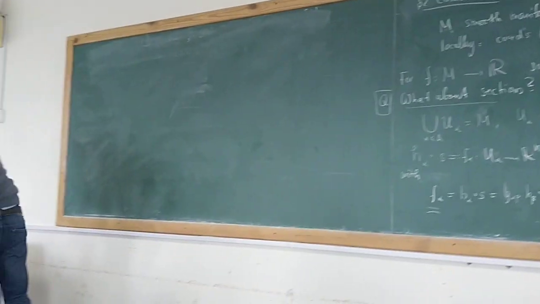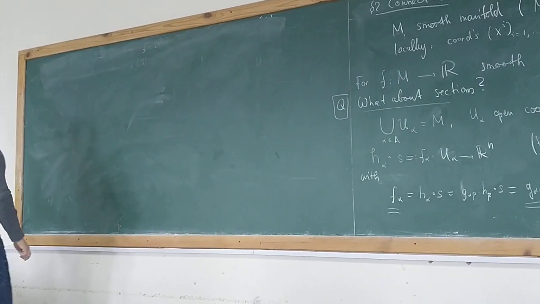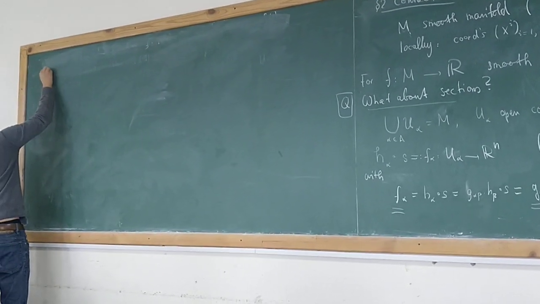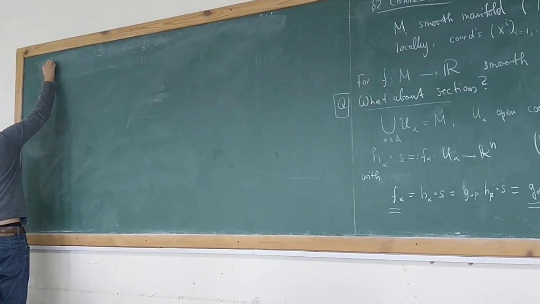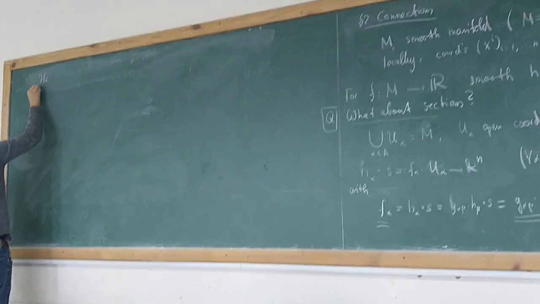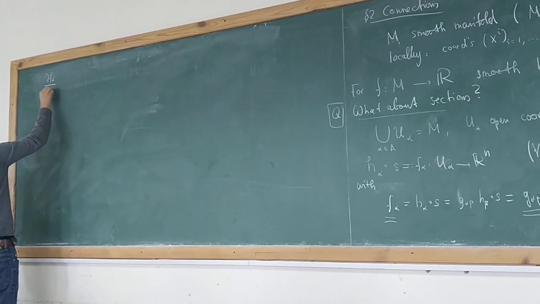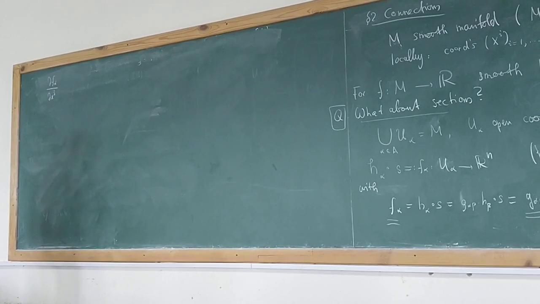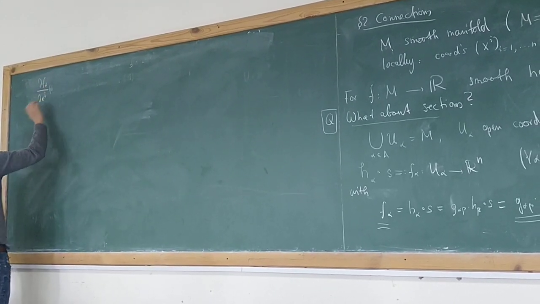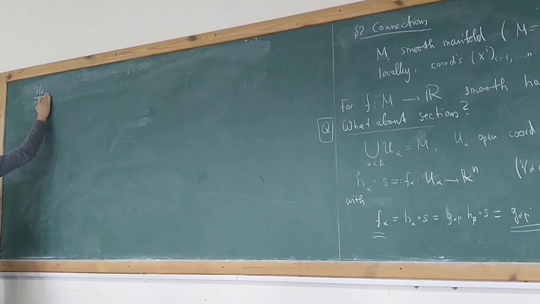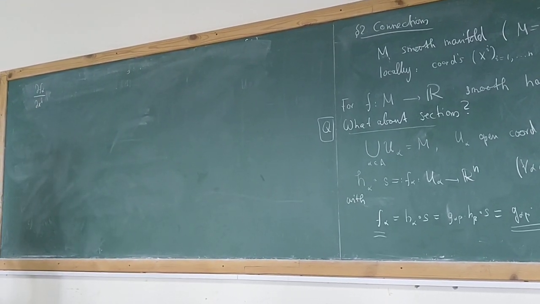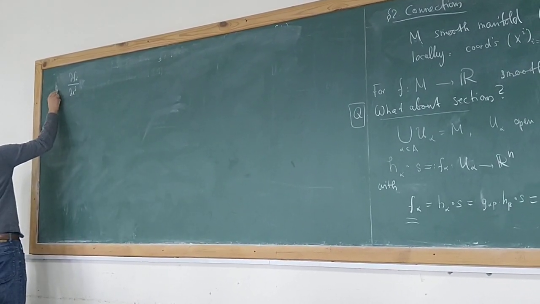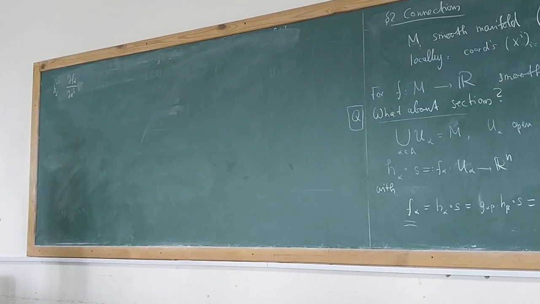This doesn't work. So let's try it. I want to take d F alpha by dx i. It's going to be another vector valued function. We can take the derivative at the point, but I'll just omit the point here. This is a vector valued function, and we could convert it back to become a section by applying H alpha inverse.